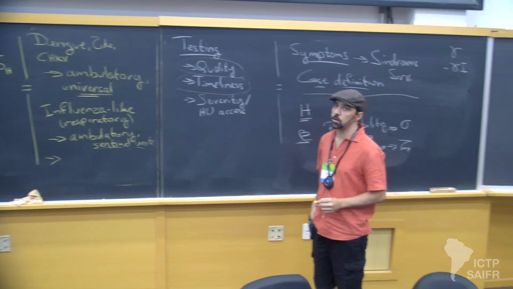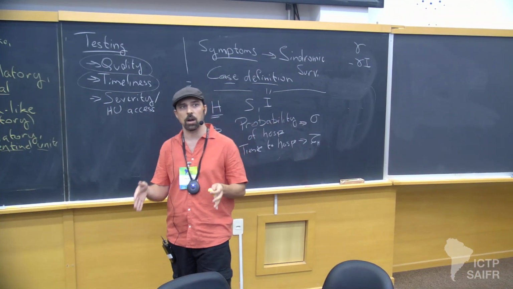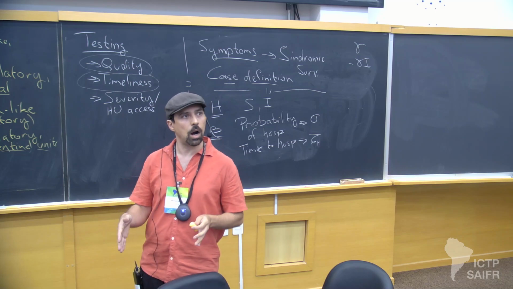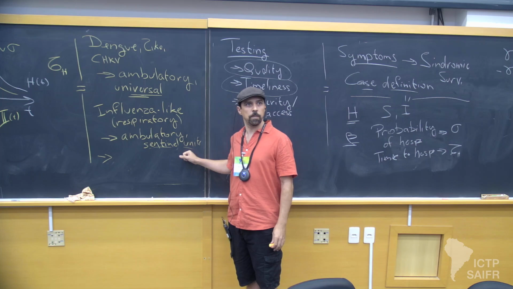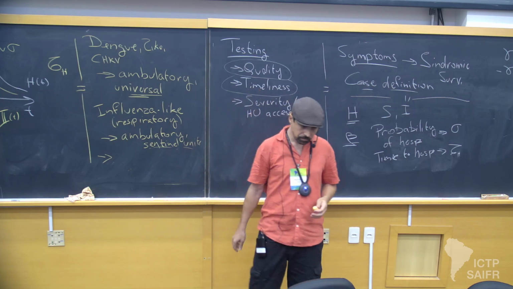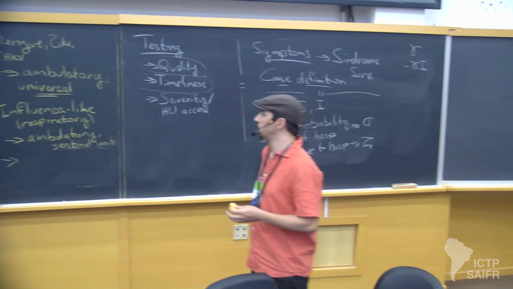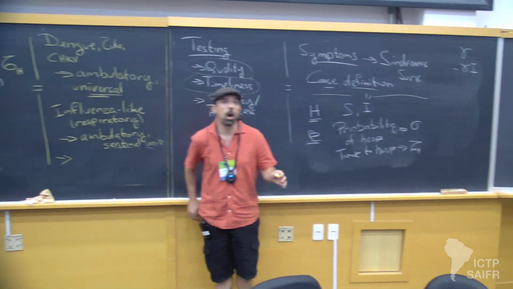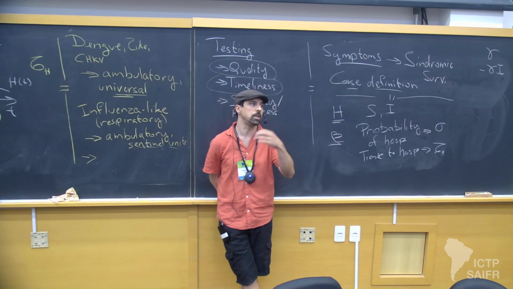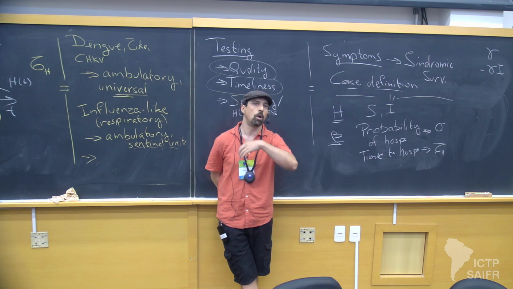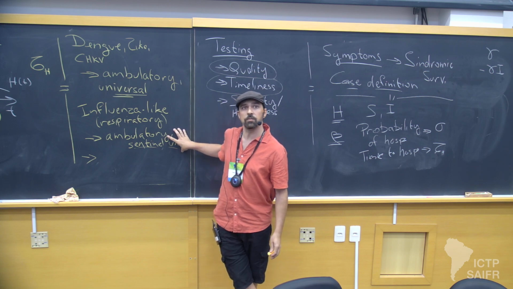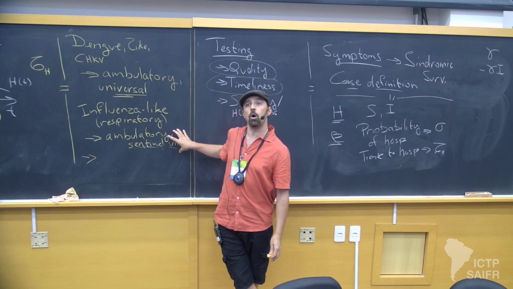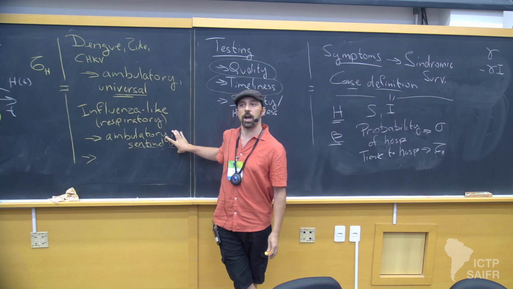What do we mean by sentinel units? That only specific healthcare facilities are expected to report new cases. So the healthcare authority in the territory defines what are the hospitals or the outpatient facilities or clinicians or whatever that are associated with the surveillance effort for that particular disease, and only those will be notifying new cases.